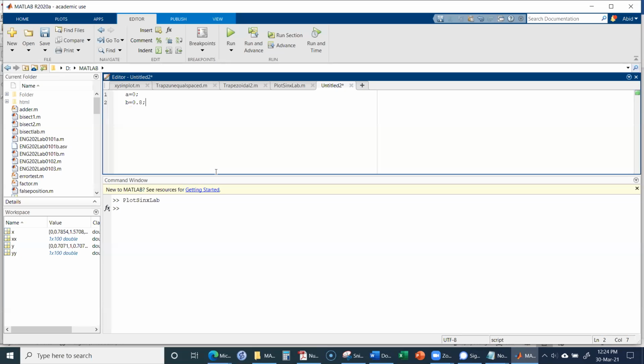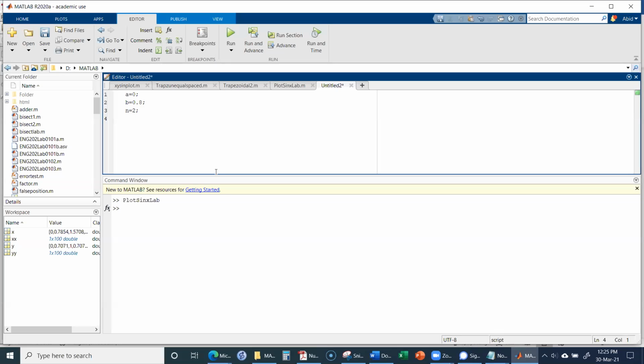Let's assume we want two intervals, n is equal to 2. In this case, there are two intervals.